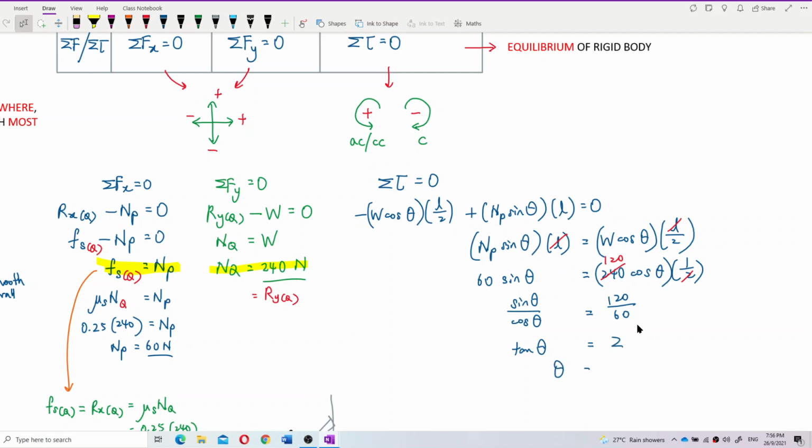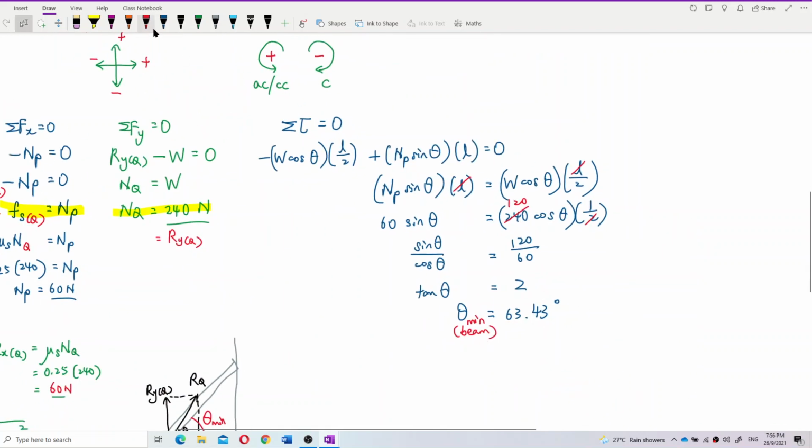So what is the theta? Let's calculate. Antitangent 2 equals 63.43 degrees. This is for the beam, the minimum angle for the beam.